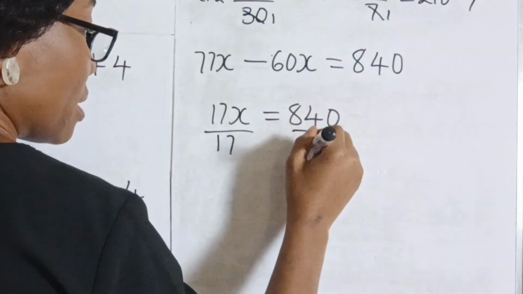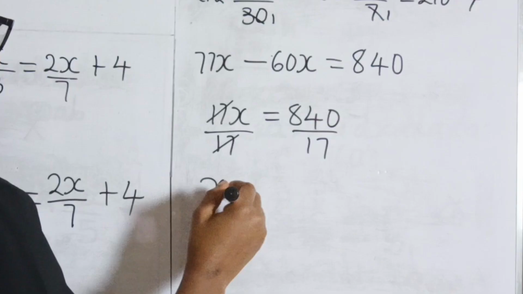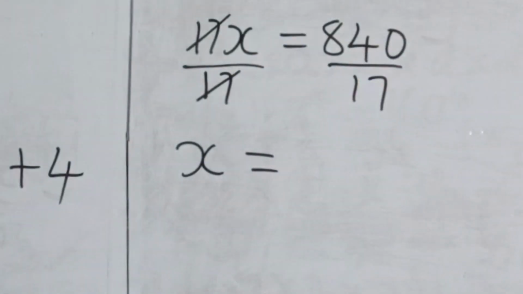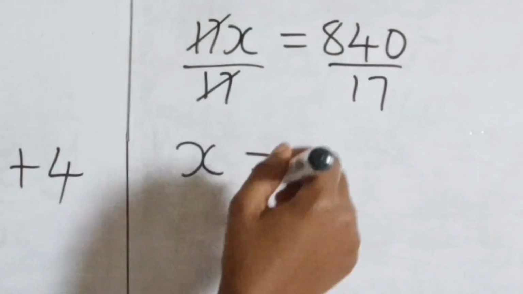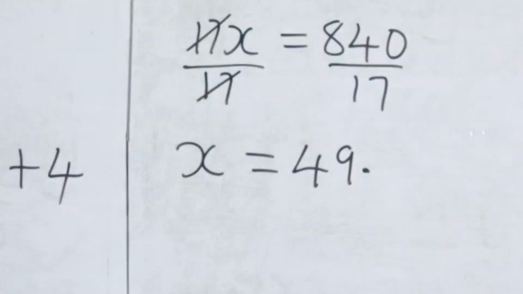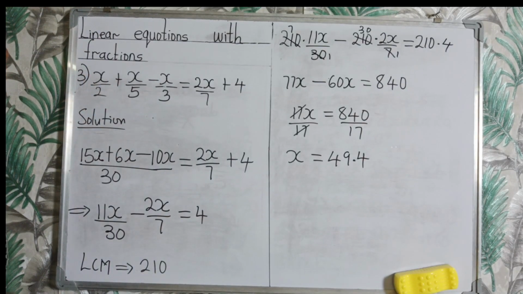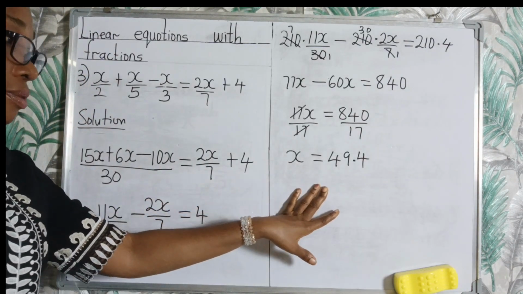We divide here by 17. This and this will go, so we are left with x. So 840 divided by 17, our answer is approximately 49.4. And this is our final answer.